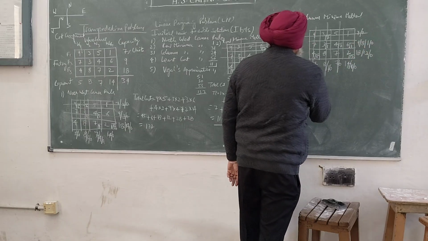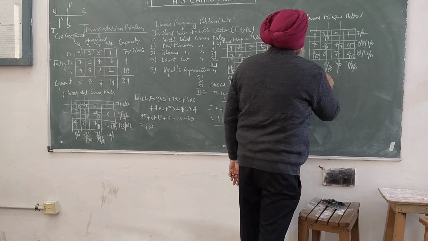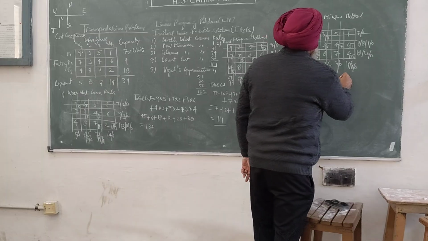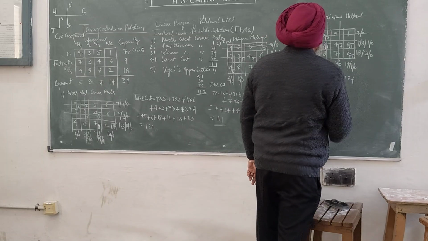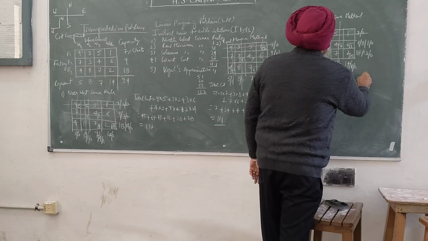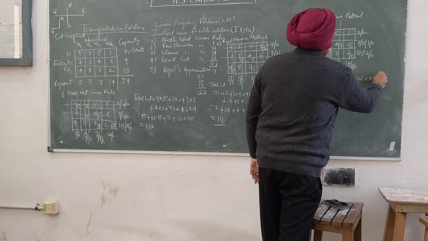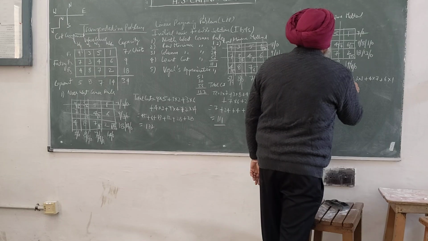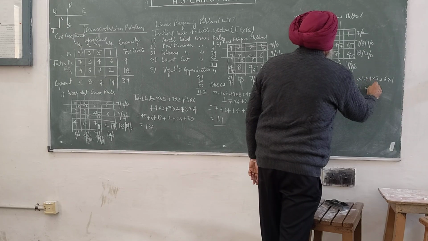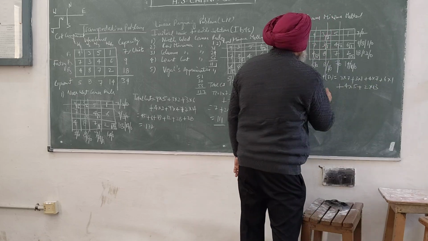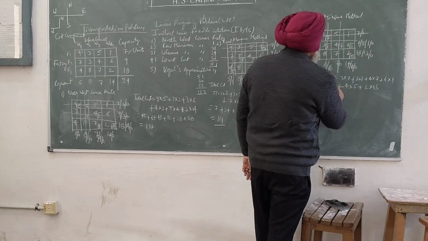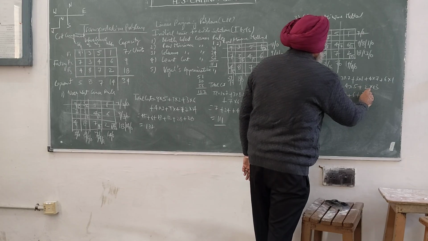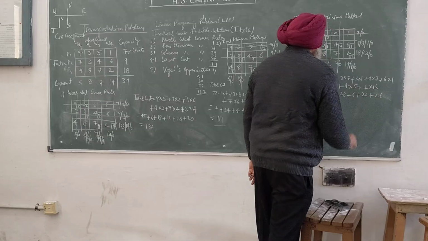Again calculate total cost for column minimum. Now calculate the TC. Look at here. 3 into 7 plus 3 into 1 plus 4 into 7 plus 6 into 1 plus 4 into 5 plus 2 into 13. Once I calculate this, this is 21 plus 3 plus 28 plus 6 plus 20 plus 26.